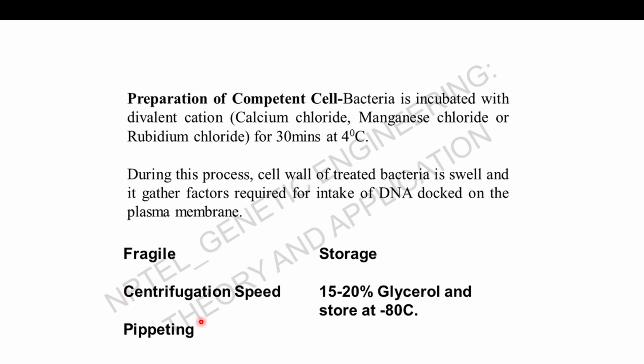So we have to be very careful during preparation, while following the protocol, that the centrifugation speed shouldn't be too high. When you centrifuge it, there will be a cell pellet. When these competent cells are pelleted down, they have become too fragile.